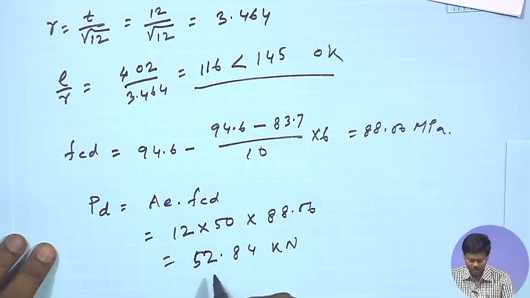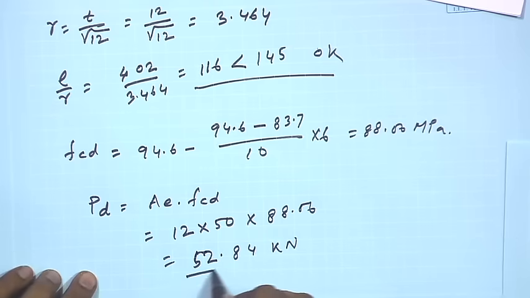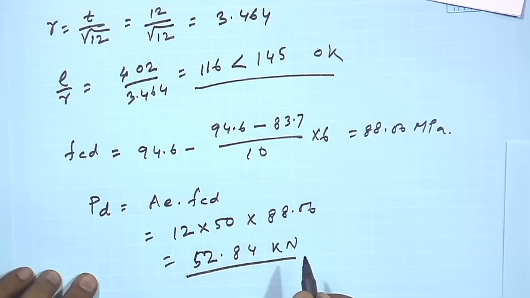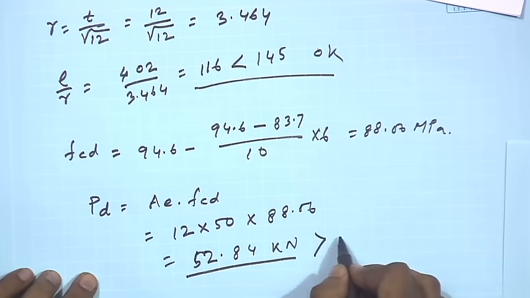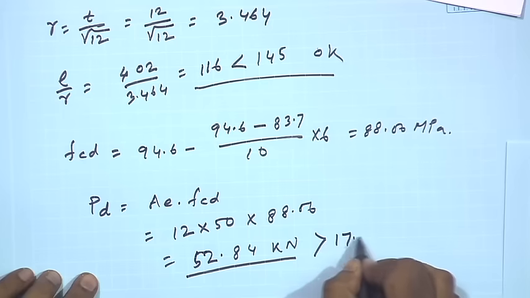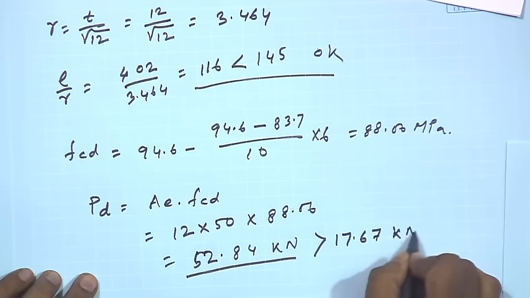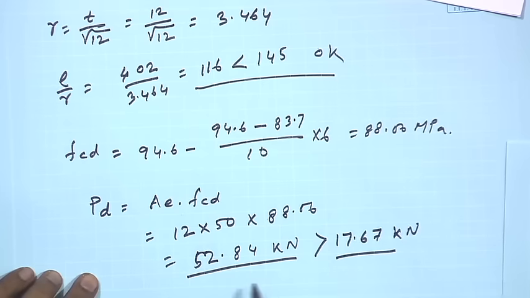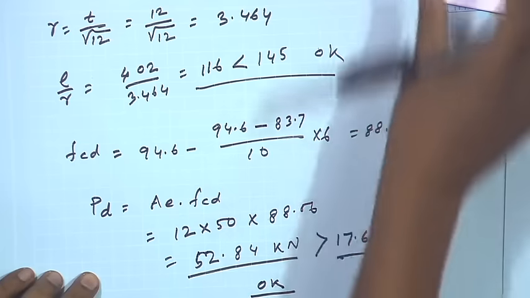So, the design compressive strength of the lacing member is 52.84 kilonewton, which is greater than the axial compression force on the lacing member, that is 17.67, which was calculated earlier. So, this is how we can check that the design strength is more than the actual force coming on the lacing member. So, the size of the lacing member is okay.